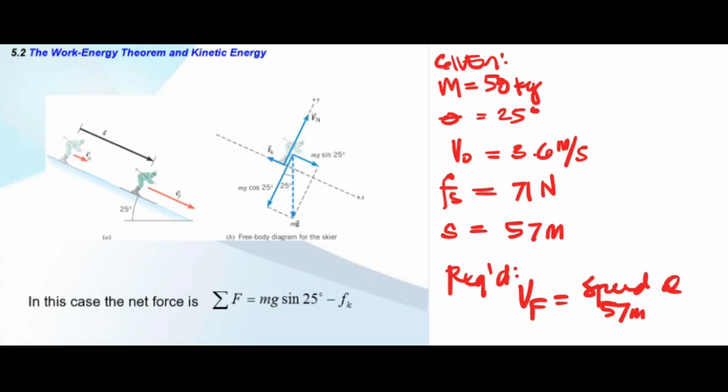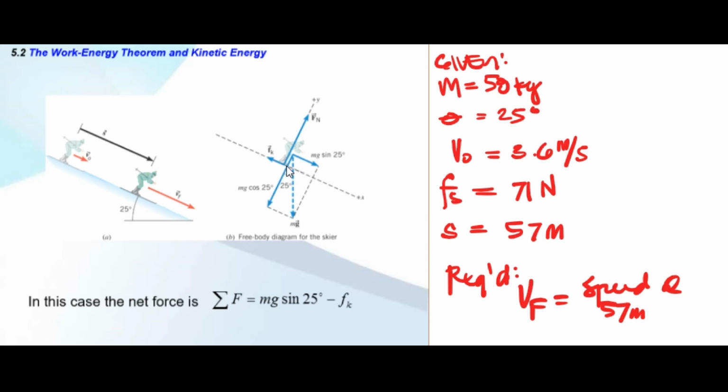In this case, the surface is inclined by 25 degrees. If you look at our FBD, this is the inclined surface, inclined at 25 degrees. Let this be our arbitrary x-axis.